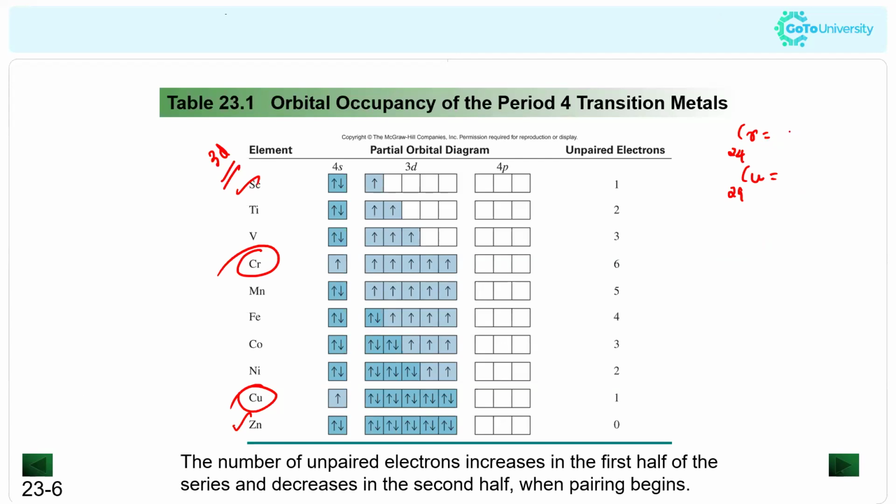So for chromium, we are expecting 3d4 4s2, because 24 is the number of electrons. Till 4s2, it will be 20. Then the remaining 4 electrons will come to the 3d orbital. So this is the expected one. Similarly in copper, till 4s2, it will be 20. Then the remaining 9 electrons will be in 3d. So this is the expected electronic configuration for chromium and copper, but this is not true, because the d subshell can accommodate a maximum of 10 electrons, right?